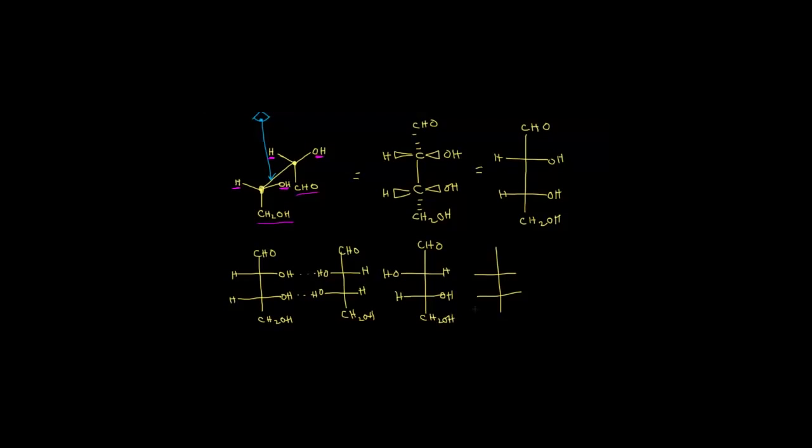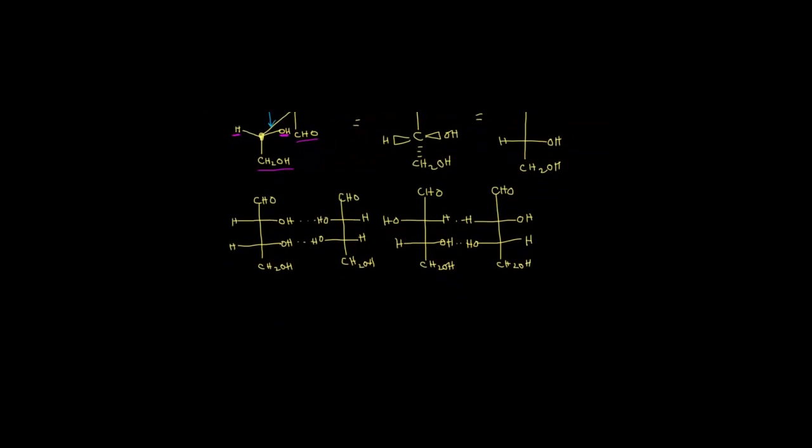And I'll draw the mirror image over here on the right. So I have to have a hydrogen right here, and then my OH must be on this side. And then I must have an OH right here, and then a hydrogen on the other side, and then a CHO for my aldehyde, and a CH2OH. So here I have my 4 possible stereoisomers for this carbohydrate.